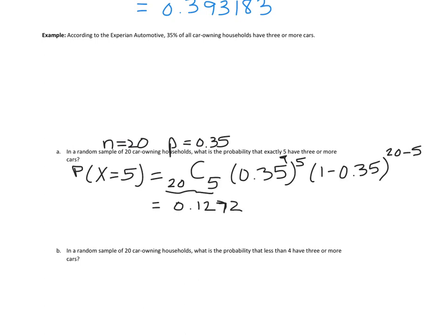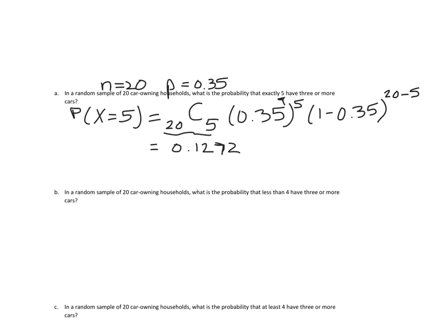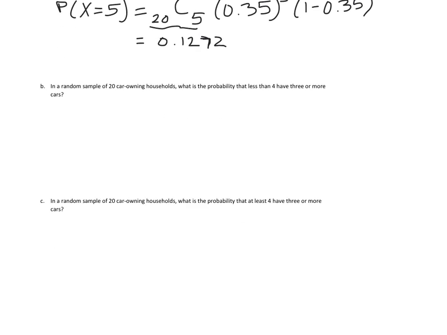Okay, so let's look at this next one. This says in a random sample of 20 car-owning households, so same situation, what's the probability that fewer than 4 have 3 or more cars? Okay, so I always write out the probability first. So x less than 4.